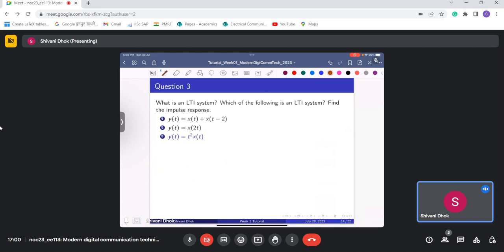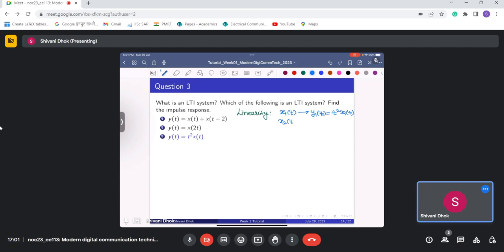Let us look at the third example. So what we have here is y(t) equal to t square x(t). So again, let us first check linearity. We'll use the same convention, that is x1(t) has output y1(t), which is equal to t square x1(t).